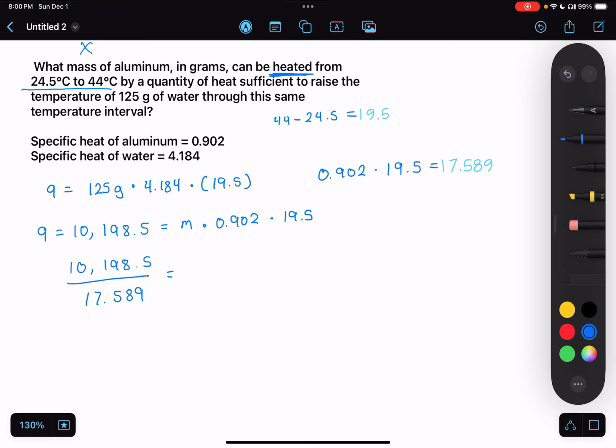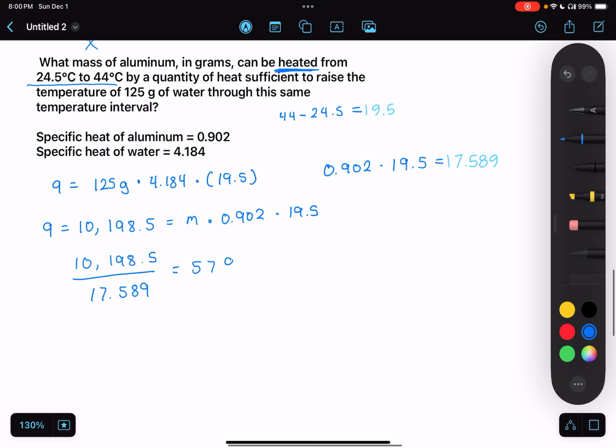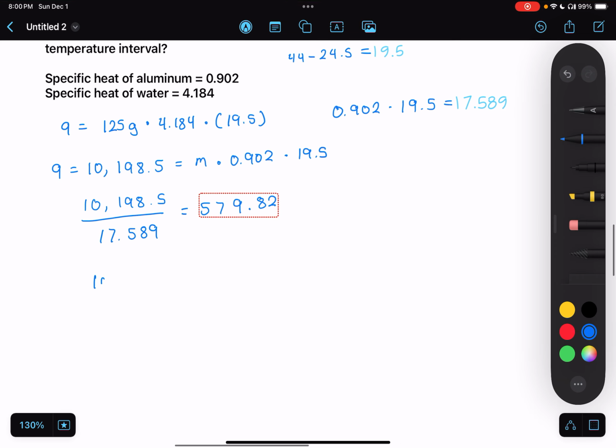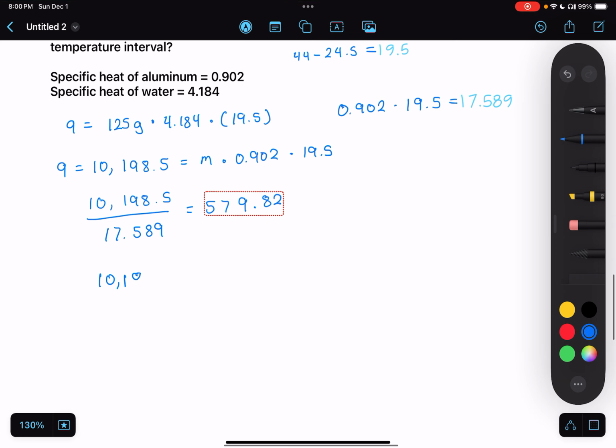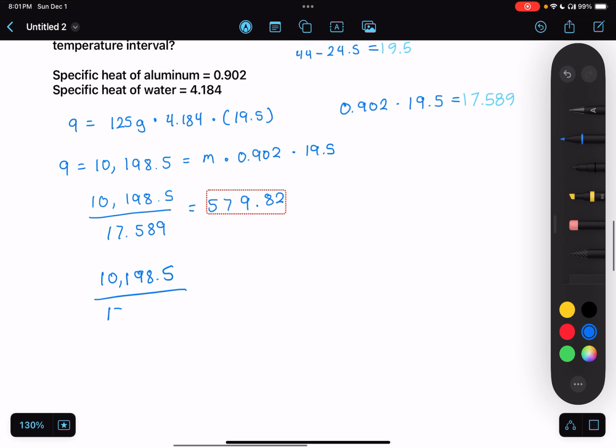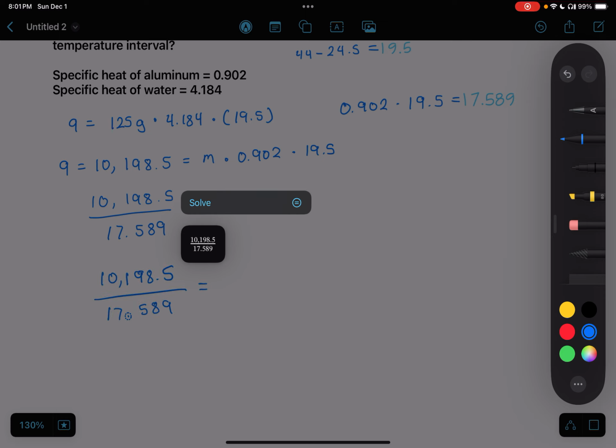So if you put in your calculator 10,198.5 over 17.589, you should get 579.82. There we go. It must have been something wrong with that little calculation. Let me try that one more time. 10,198.5 divided by 17.589.